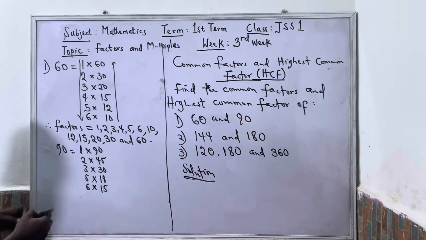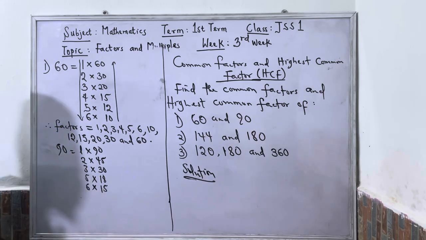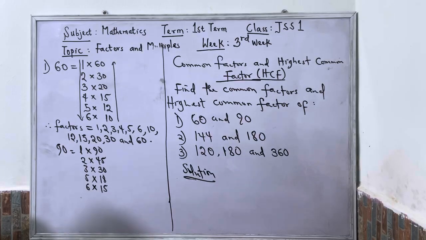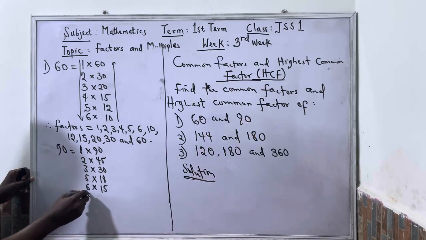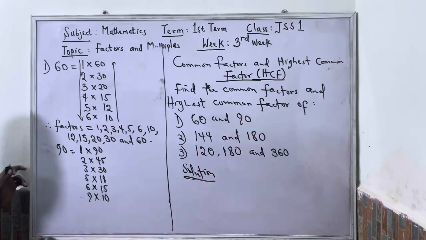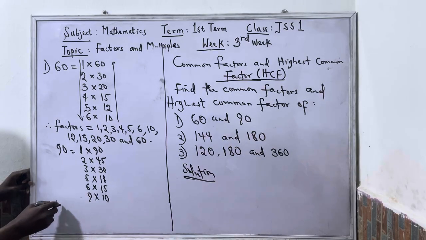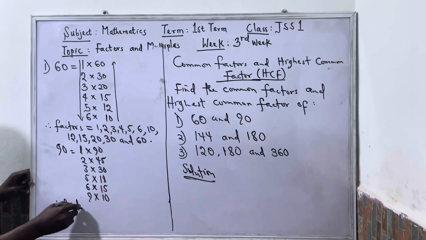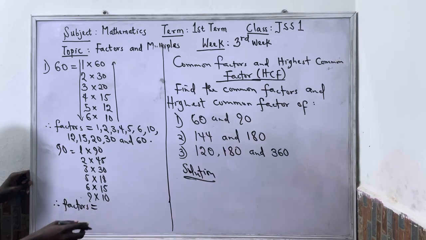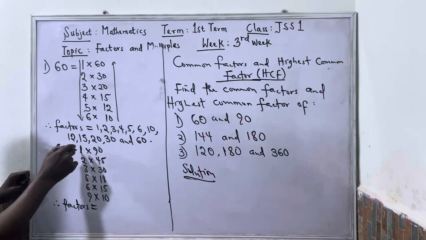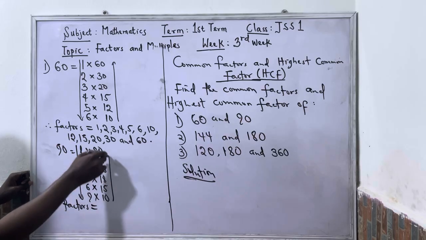What about 7? 7 cannot work. What about 8? 8 cannot work. Then 9. 9 can work. That's 9 times 10. 9 times 10 will also give me 90. So therefore, factors of 90 will be the following. Let's write down this from here to here and from here to here.